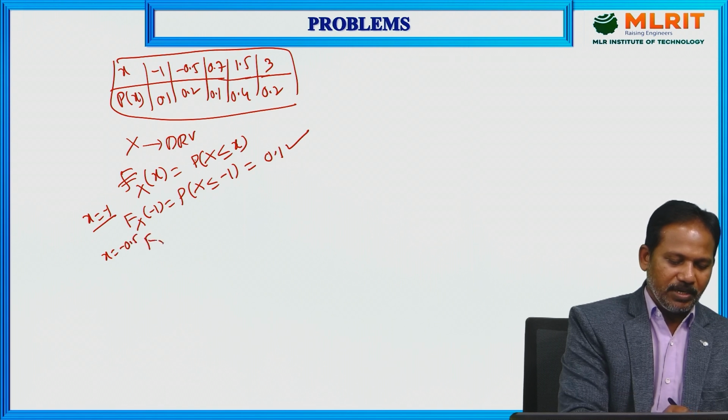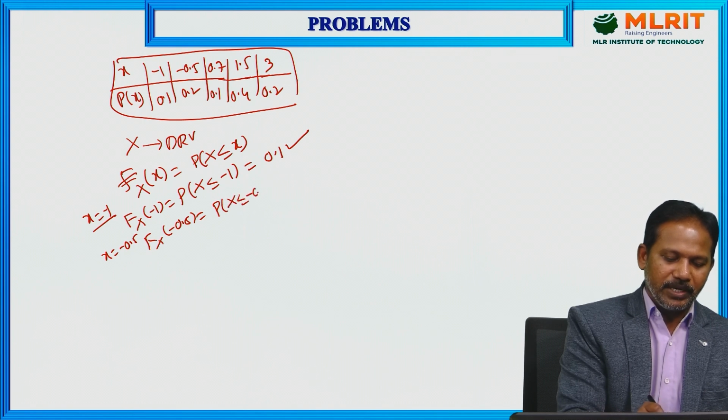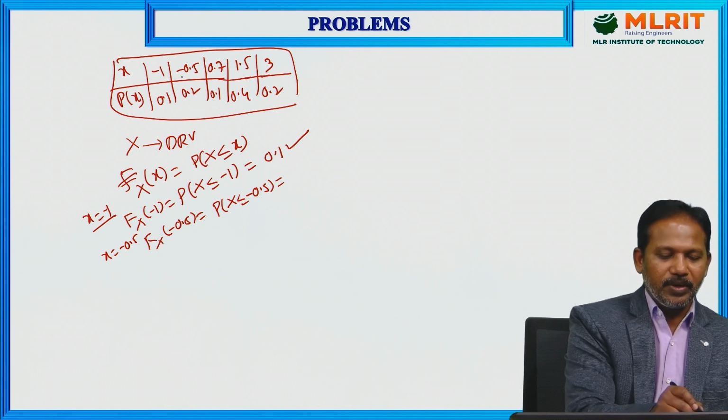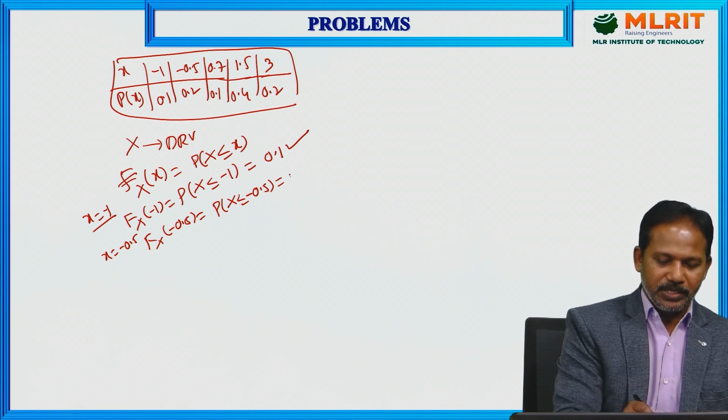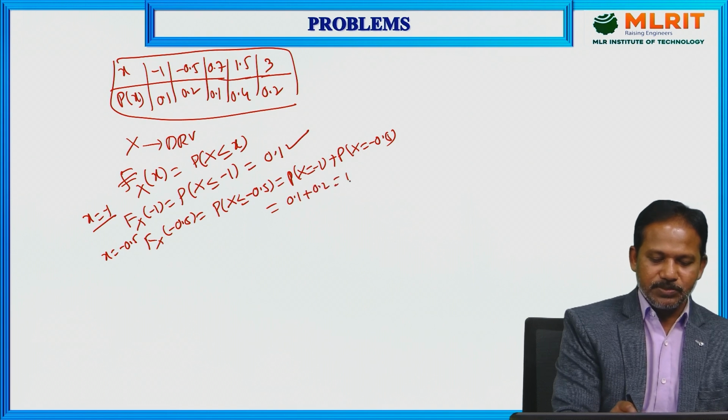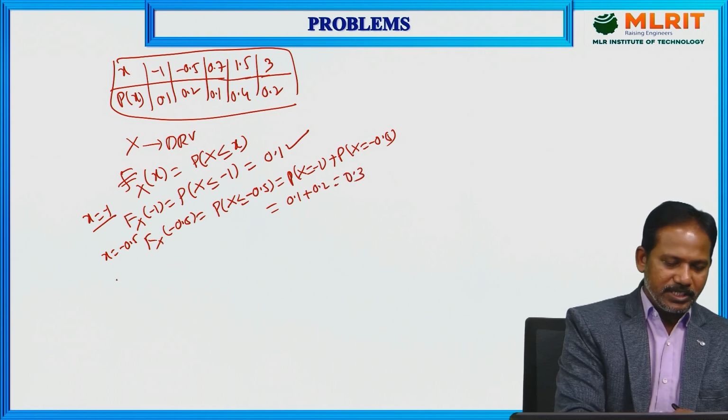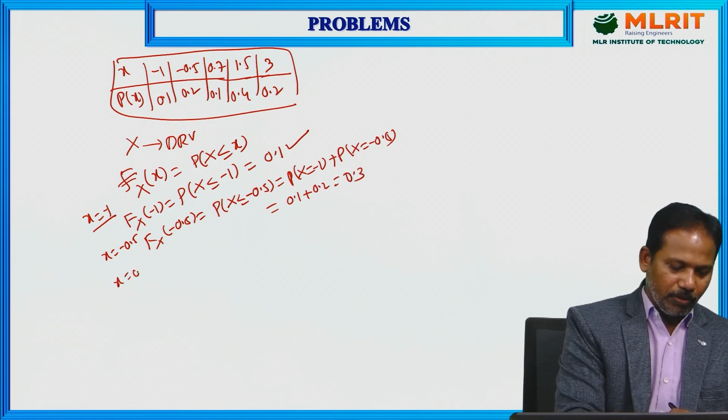Capital Fx of -0.5 is equal to p of x less than or equal to -0.5, which means the -1 probability and the -0.5 probability. That is p of x equal to -1 plus p of x equal to -0.5, that is 0.1 plus 0.2, that is 0.3.